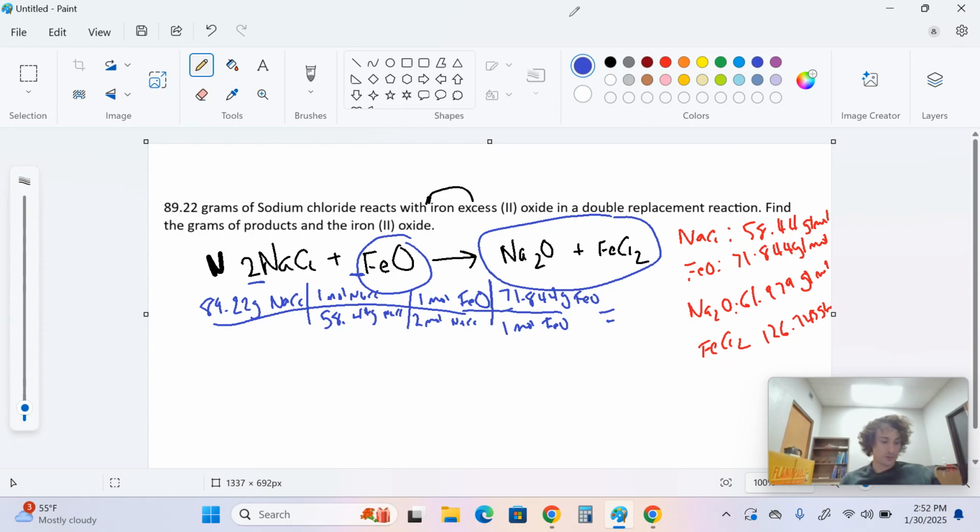89.22. And the assumption, of course, is that you know how to multiply the fractions. If you're not comfortable with that, you need to remedy that. Multiplying numerators across, dividing by denominators across, or doing 89.22 divided by 58.44 times 1 times 1 divided by, there are different ways you could do it.